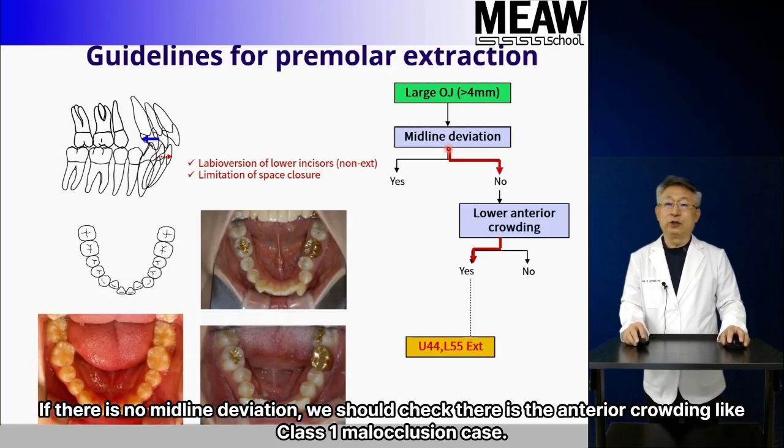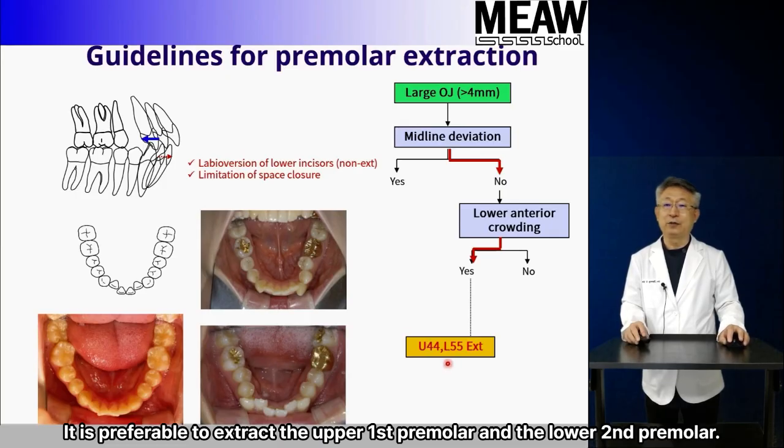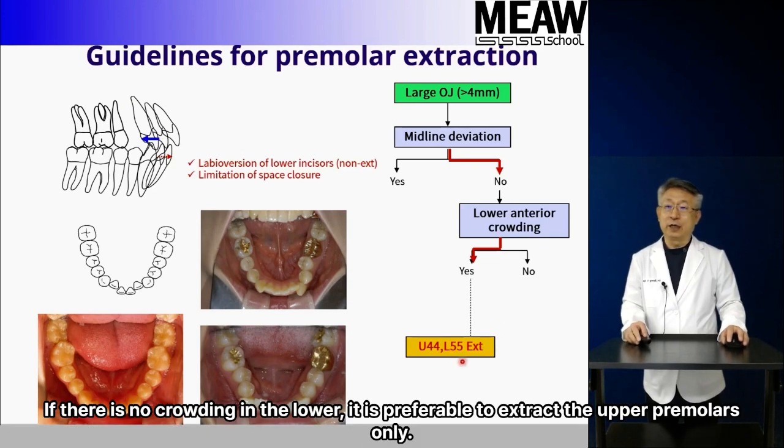If there is no midline deviation, we should check whether there is anterior crowding, like in the class 1 malocclusion case. What should we do if there is slight crowding? It is preferable to extract the upper first premolar and the lower second premolar. If there is no crowding in the lower, it is preferable to extract the upper premolars only.